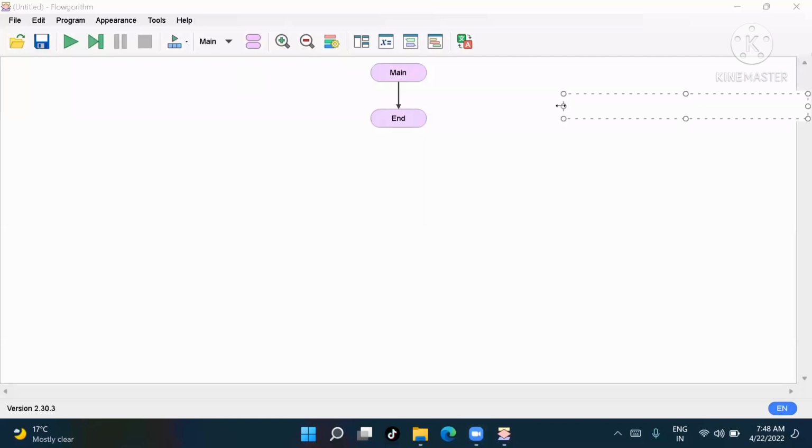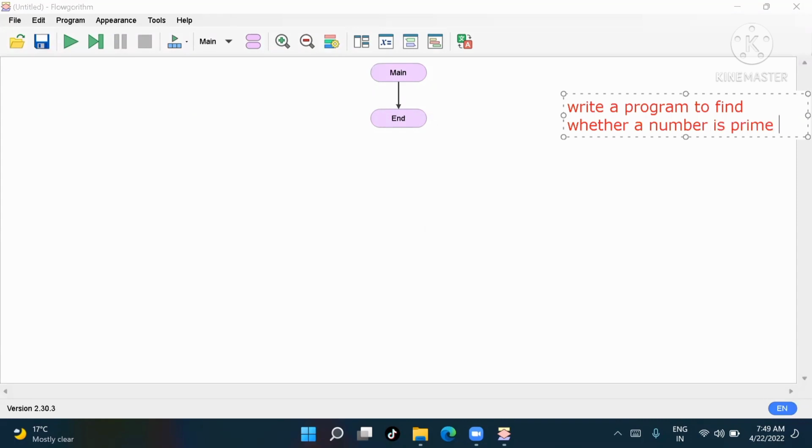Write a program to find whether a number is prime or not, or you can say, write a program to check a number is prime or not.